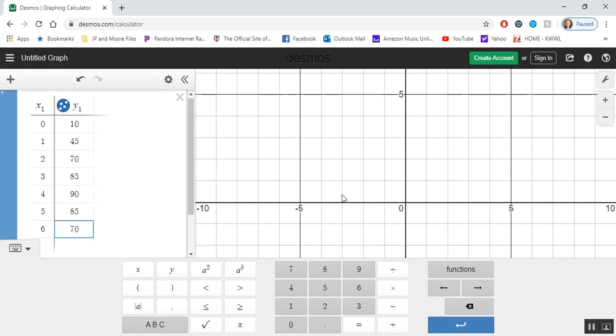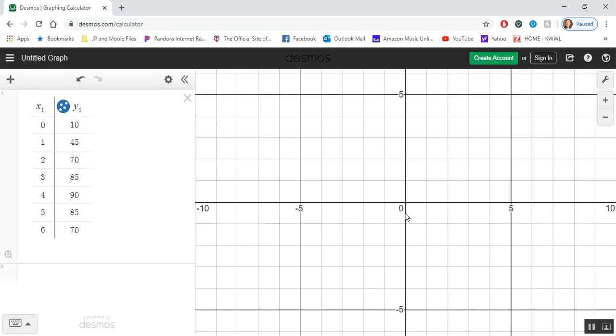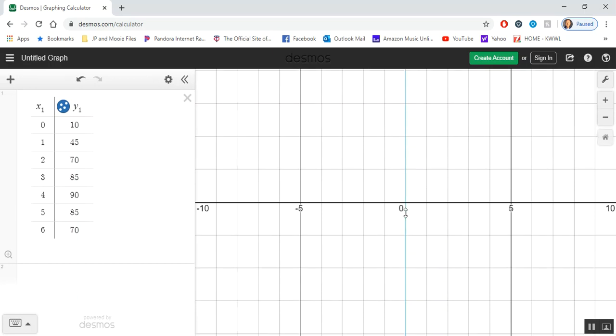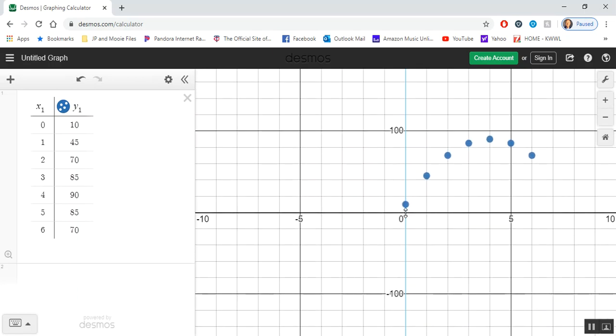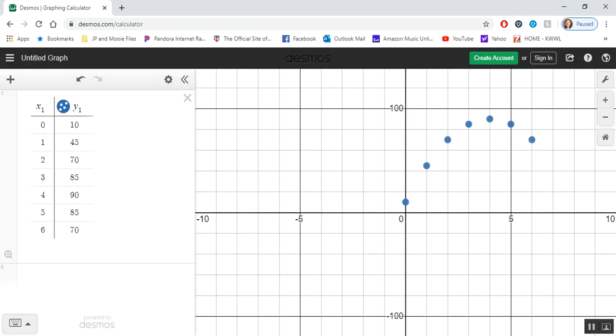Okay, so I'm going to get these points plotted so we can see them. Okay, so this is kind of what we get right here, kids. You all right with that? Right here, kids, this is really what they're going to say.